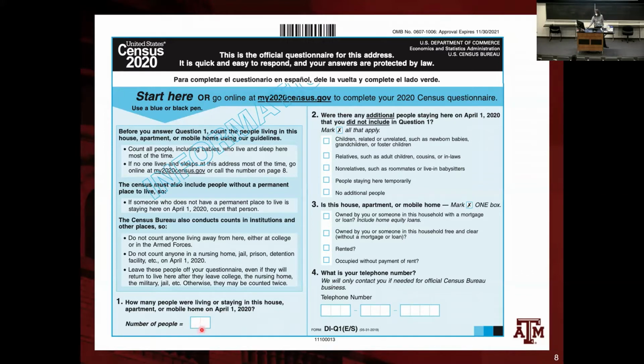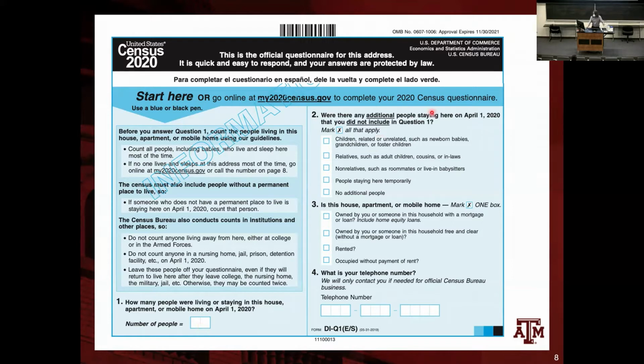So when I report here the number of people, I do not count my brother because he was not living there in April. And if someone in my household died in May and I received the questionnaire in June, I have to count that person here because that person was alive in April, okay?